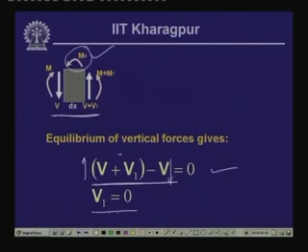So, this gives us V1 equals 0. That means, in a beam at a point where there is a concentrated moment, it does not affect the shear force. So, there will not be any change in the shear force level when you plot the shear force diagram. Wherever you have the concentrated moment, it does not affect the shear force diagram. So, there will not be any change in the shear force value.